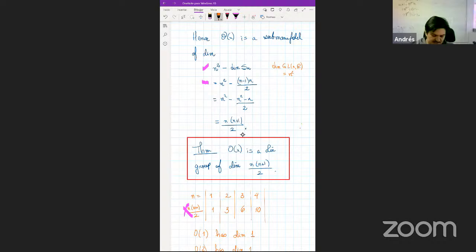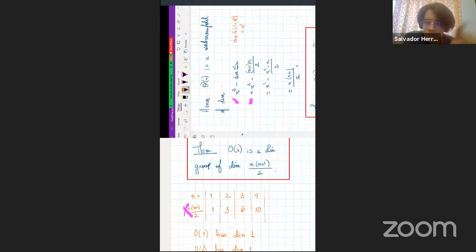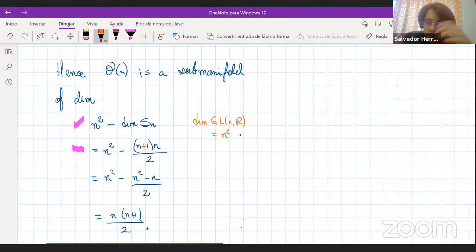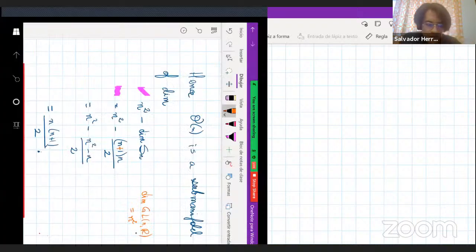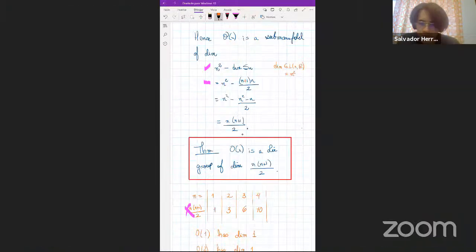Oh, so this is a plus? I think so. Yeah, I think we were missing the dimension from the diagonal. Okay. That's why we got n minus 1 instead of n plus 1.